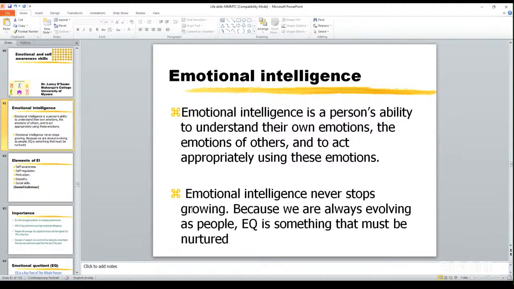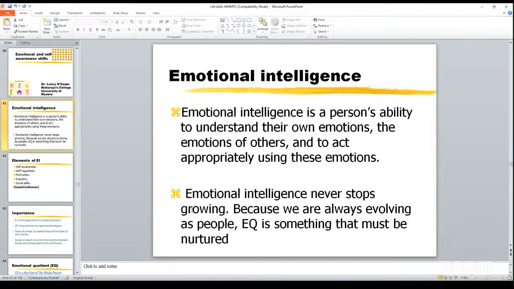If you are really emotionally intelligent, then you should be able to understand your own emotions, try to understand the other person's emotions, and then behave appropriately. That is more important. The moment you understand others' emotions and try to behave keeping your emotions in mind, that constitutes emotional intelligence. And it's given a lot of prominence nowadays.